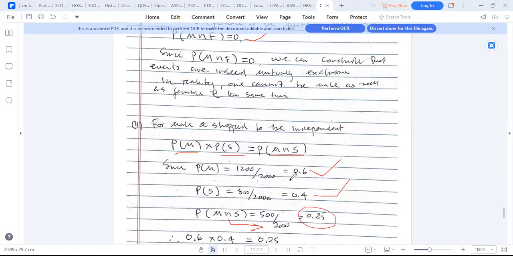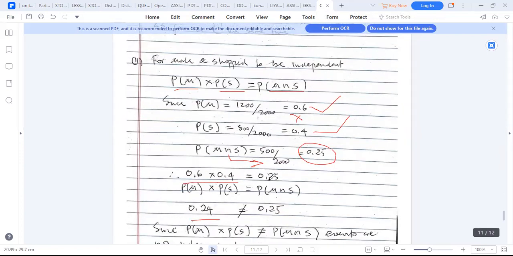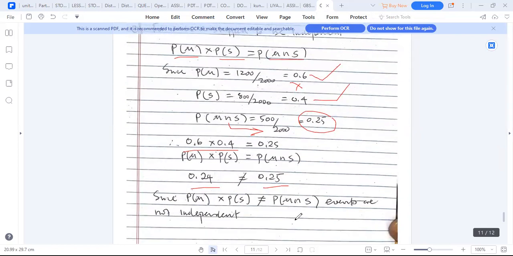So when we apply 0.6 and 0.4, is it giving us 0.25? 0.6 times 0.4 is 0.24, and the intersection is 0.25. So here we can conclude that the events male and shopped are not independent. We can only say they're independent if the answer we got was the same.